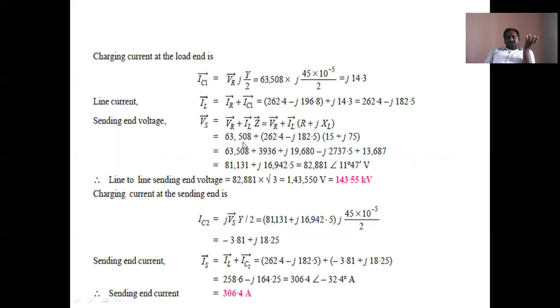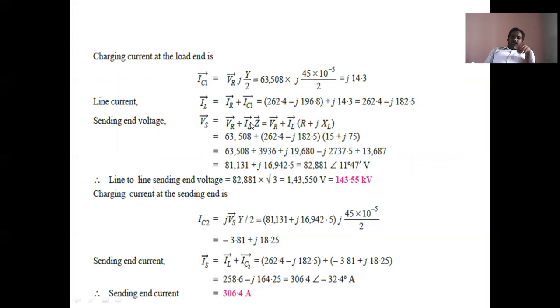So receiving end voltage 63,508, IL into Z value. Then it is 82,088. That is the phase value only. Then the line to line sending end voltage is multiplied with root 3, then 143.55 kV.